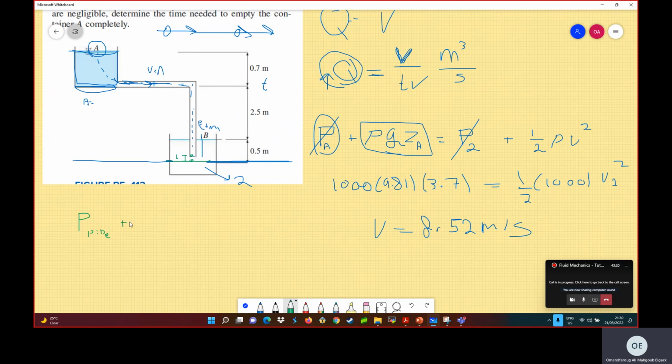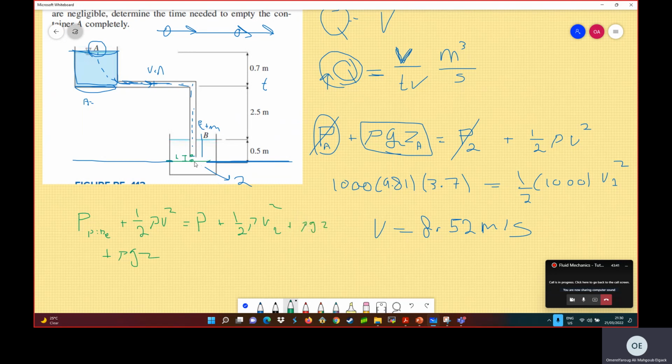Okay, and you have half rho V squared is equal to P plus half rho V squared, and also you have 0 here plus rho gz, and here you have also plus rho gz.